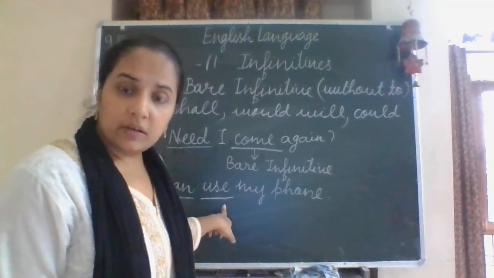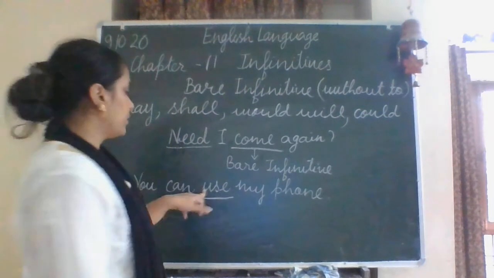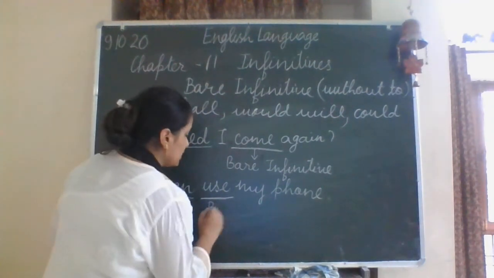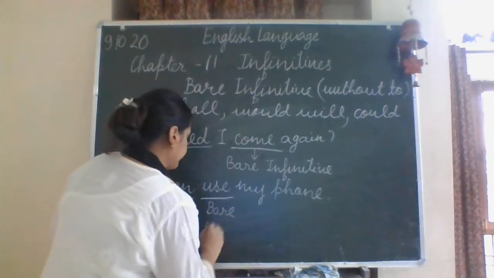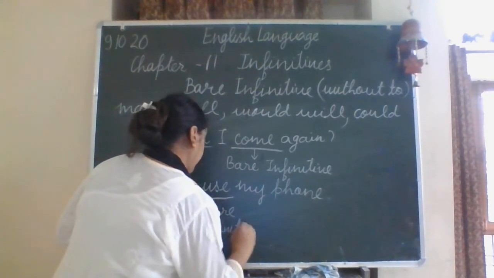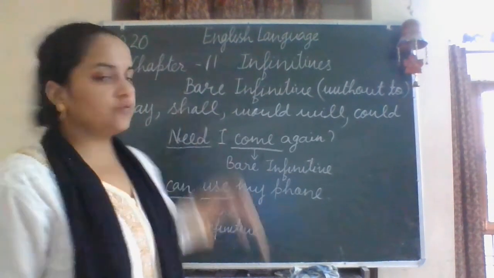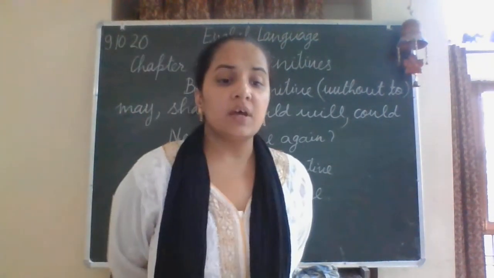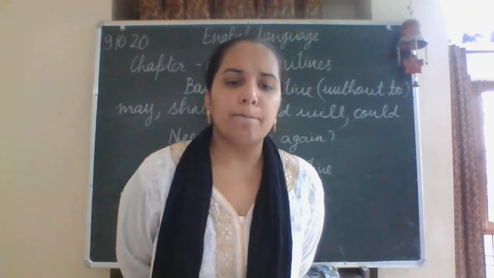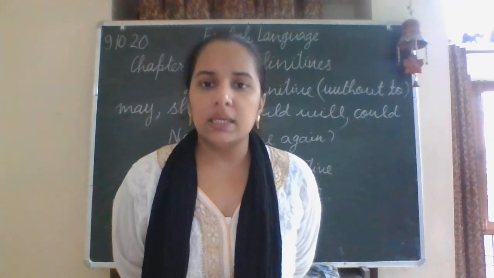What kind of infinitive is it? It is the bare infinitive because we did not use the word to. Now, what are some common verbs with which we can use this bare infinitive? Some common verbs are make, let, feel, hear, see, watch.